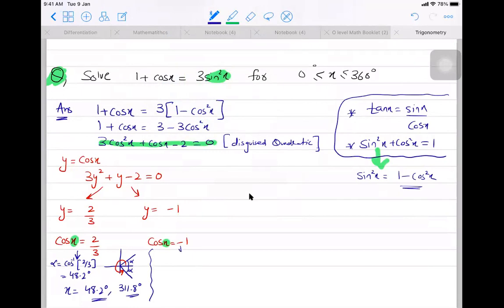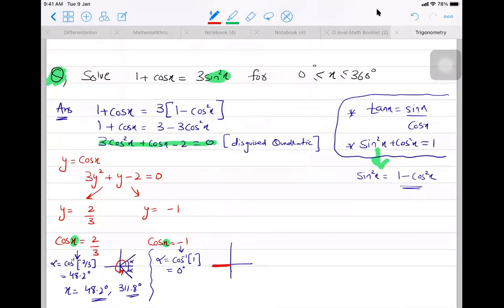Then if I try to solve this, cos x is negative in the second and the third quadrant. If I take out the basic angle by taking cos inverse of 1, that comes out to be 0. So the basic angle is 0, and we know that cos x is negative, it's only negative in the second and the third quadrant.